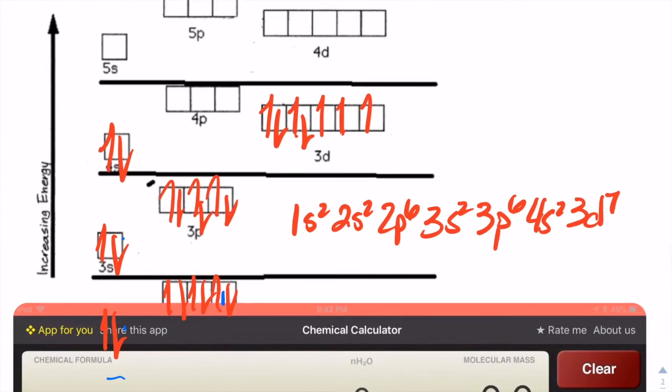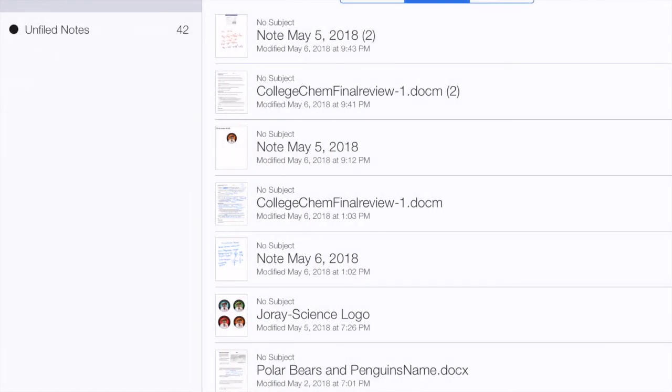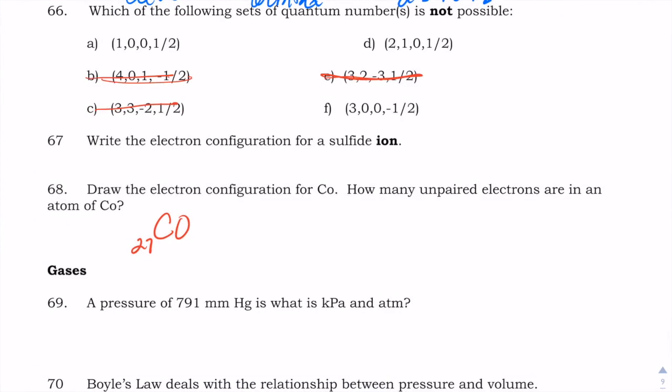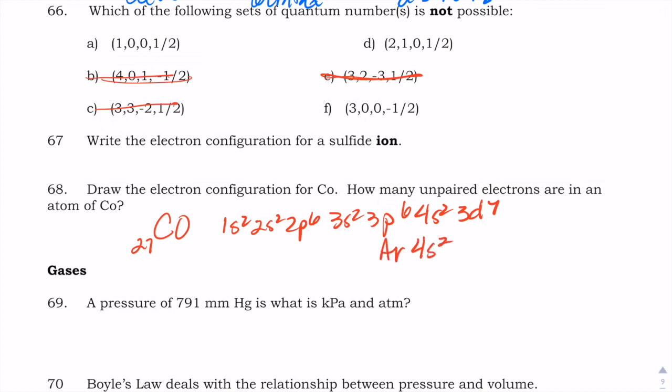So we can say Ar 4s2 3d7. The full version is 1s2, 2s2, 2p6, 3s2, 3p6, 4s2, 3d7. And shorthand, argon 4s2, 3d7.